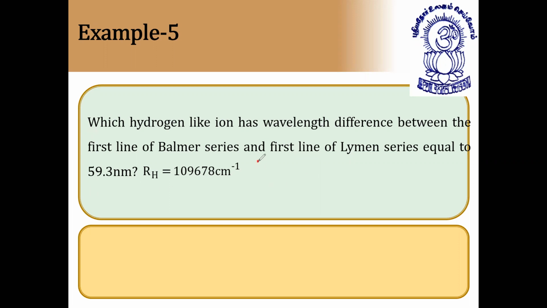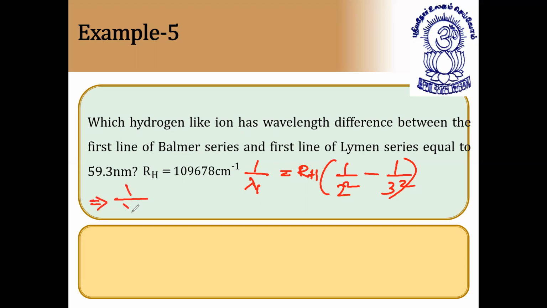So 1 by lambda 1 is equal to RH into (1 by 2 square minus 1 by 3 square). This is for hydrogen, the first line of Balmer series.